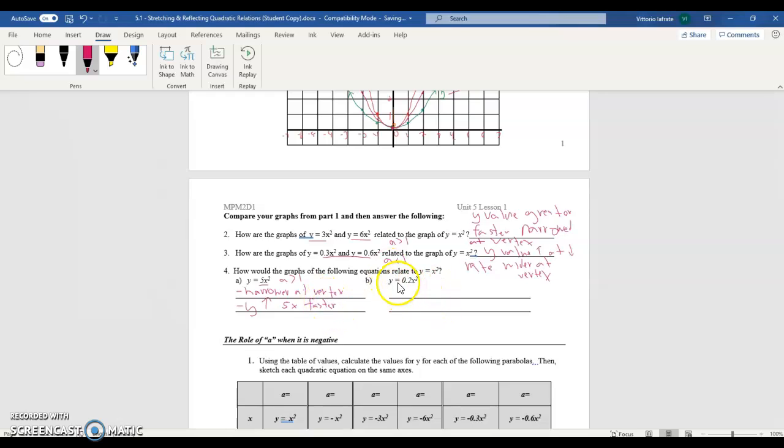Whereas if you look over here, y is equal to 0.2x squared, well, we know it's going to be wider at the vertex because our a is less than 1.